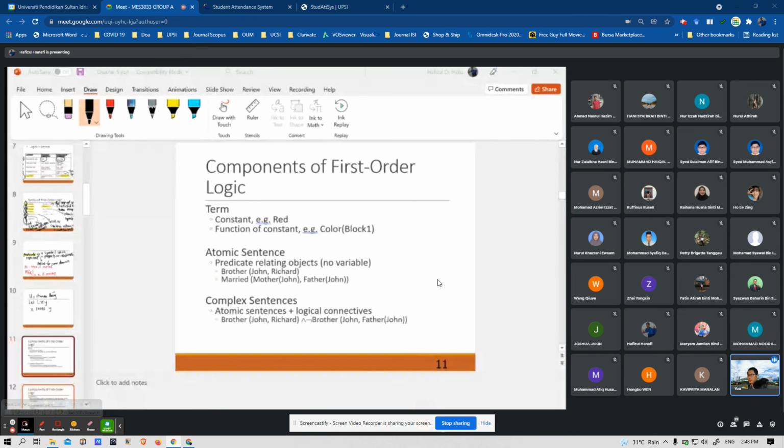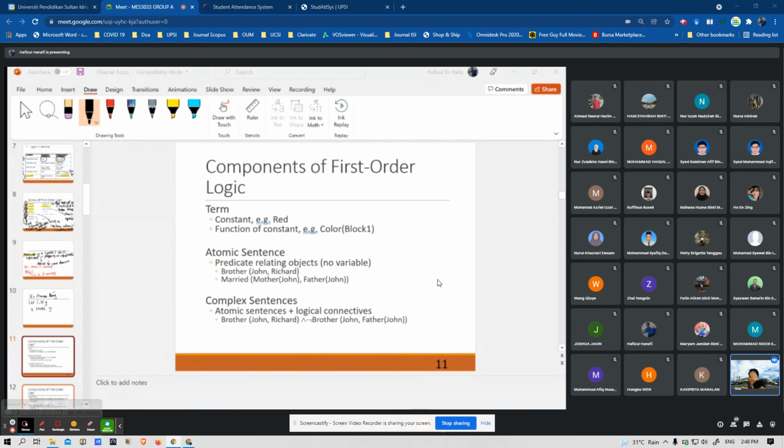Okay, atomic sentences are the most basic sentences of first order logic. These sentences are formed from a predicate symbol followed by parentheses with a sequence of terms. Okay.